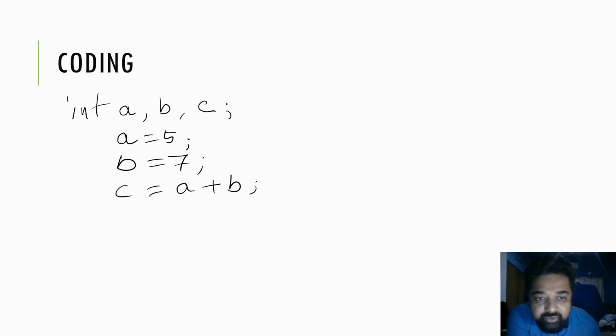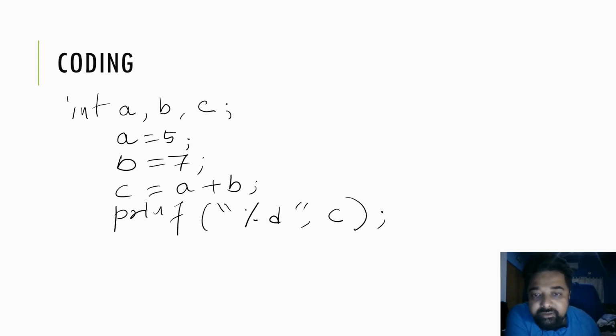Then for output you have to write printf, then percentage d for integer, like this. But in Python it's much easier, right?